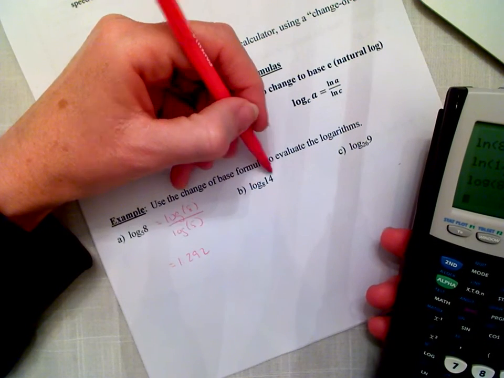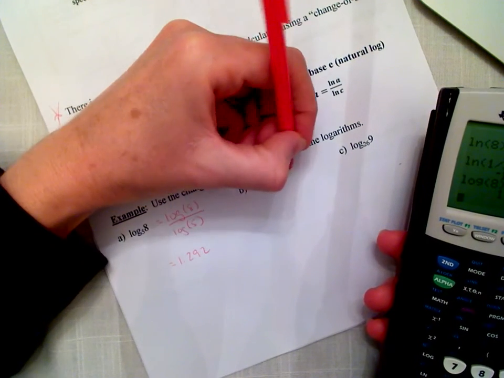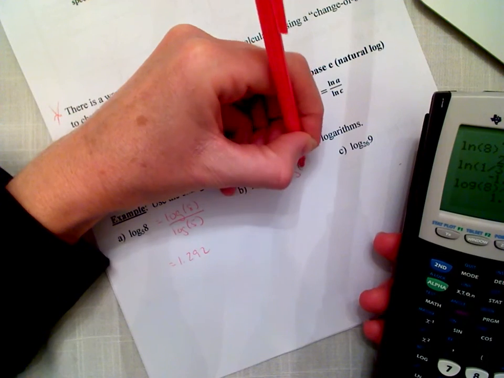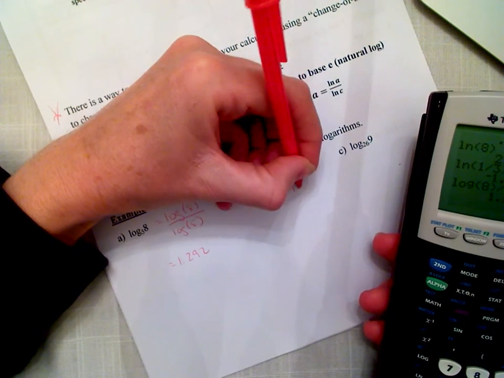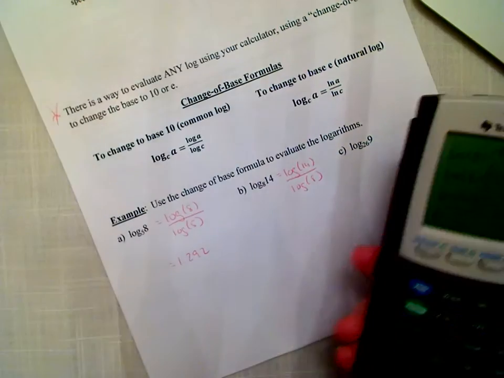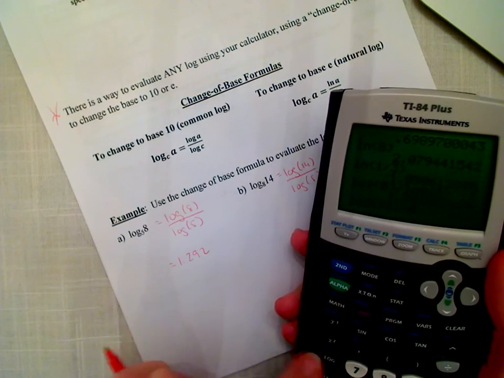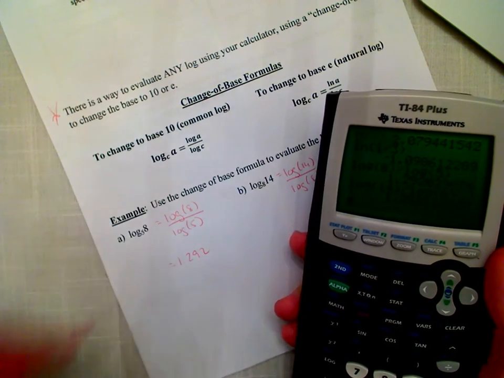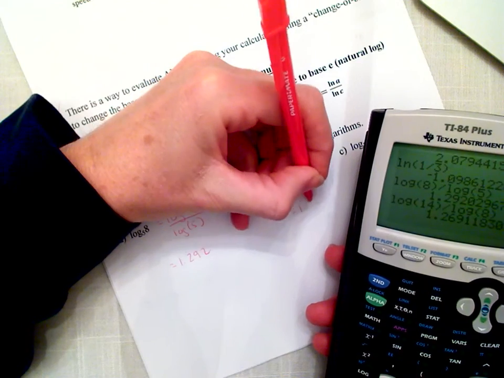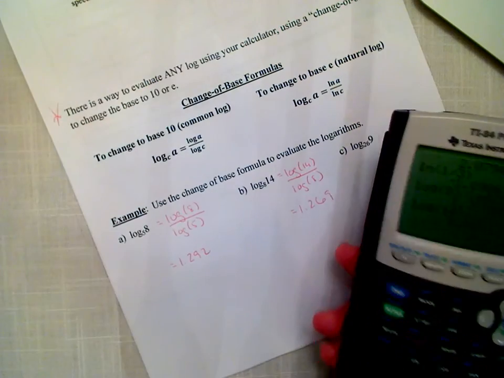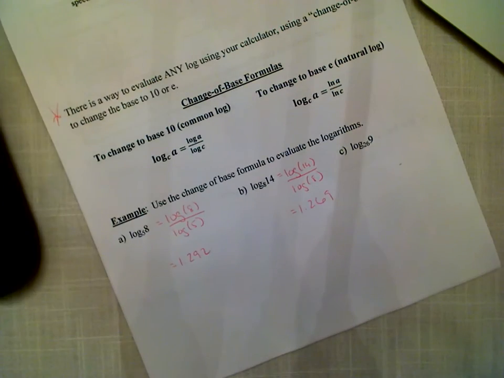Okay. Log base 8 of 14, I can evaluate by typing log of 14 divided by log of 8. You get approximately 1.269. So that's a way that we can evaluate any log on the calculator.